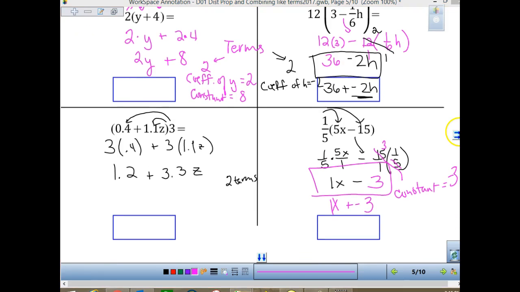If I ask for the coefficient, I would take this answer or this answer. I would also take this answer, x minus 3 or x plus a -3. If I'm looking for the coefficient, Jack, what's my coefficient of x? Coefficient of x is 1. Coefficient of x does equal 1. Is that making sense to everyone?